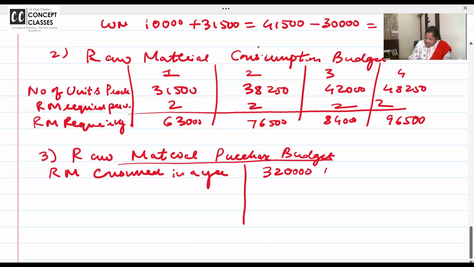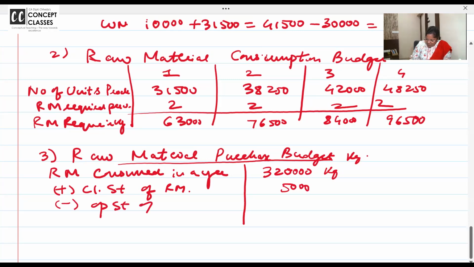3,20,000 is the raw material consumed. There has to be some closing stock of raw material, obviously. Raw material opening is 10,000, closing is 5,000. Great.